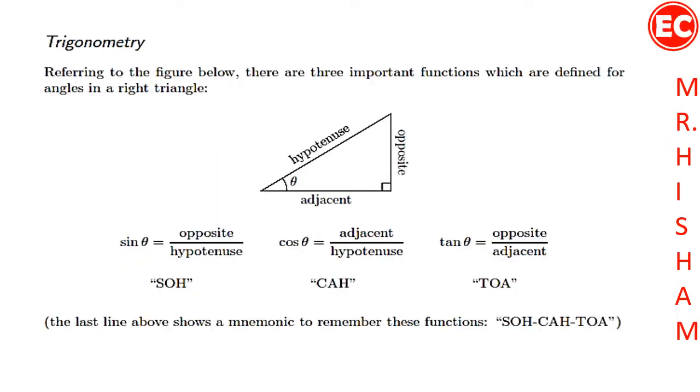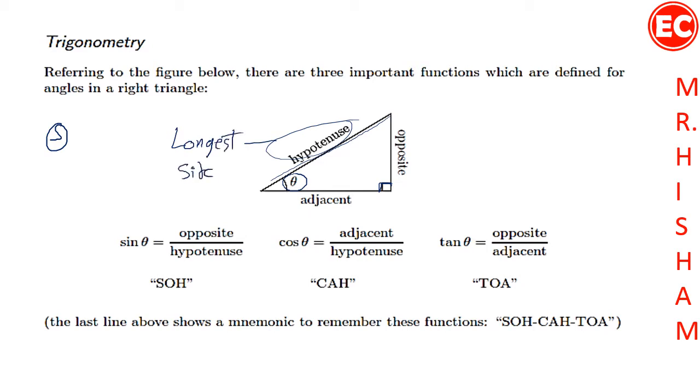Before we start in trigonometry and understand how to find the ratios, we need to define the opposite side and the adjacent side for the angle inside the right angle triangle. If I have an angle here which is called theta, this side opposite to the angle 90 is always called the hypotenuse, and it's the longest side in the right angle triangle.